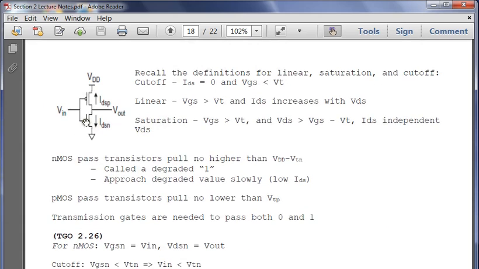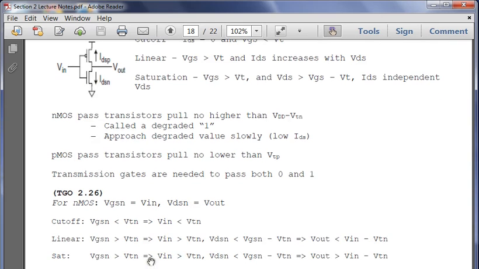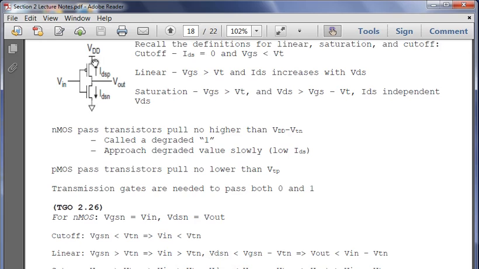So if our NMOS gate source is equal to Vin, because we assume it's 0, therefore Vin is going to be less than the threshold voltage. For linear mode, VGS is greater than VTN, therefore Vin is going to be greater than our threshold voltage for the NMOS. Drain source voltage, I'm going to scroll up here so that as you're writing this down you can refer to the inverter simultaneously, is less than gate source voltage minus threshold voltage. And Vout is less than Vin minus VTN.